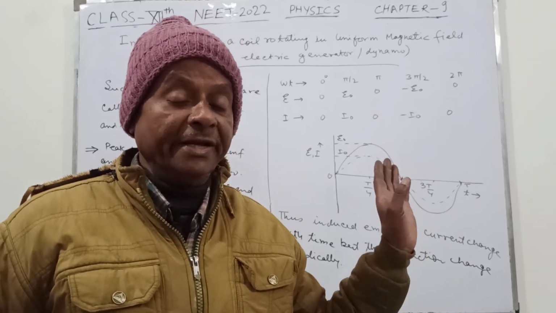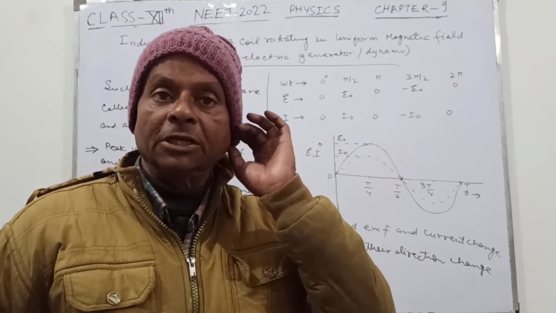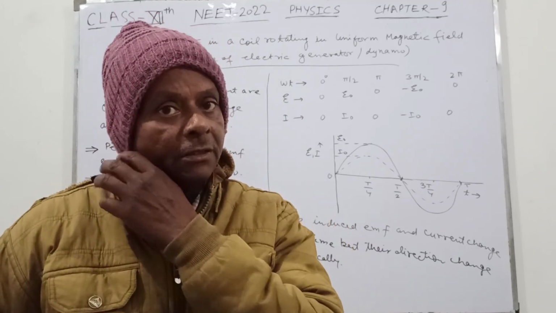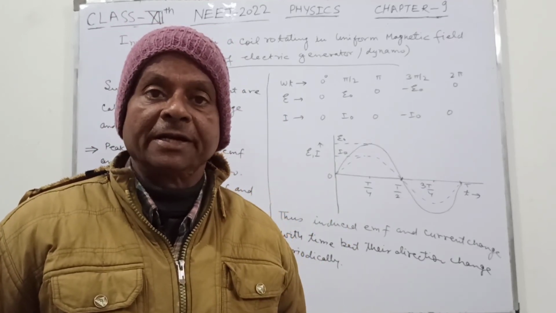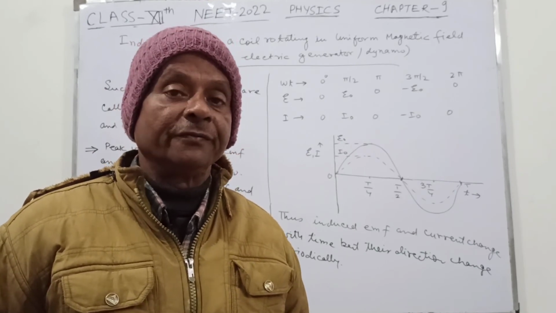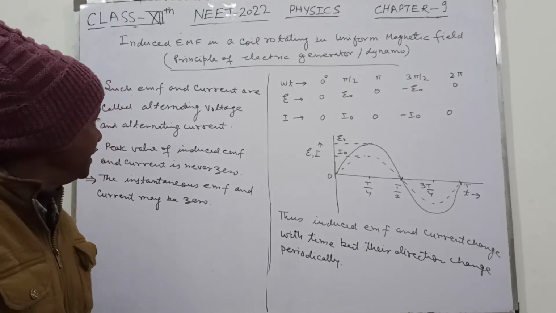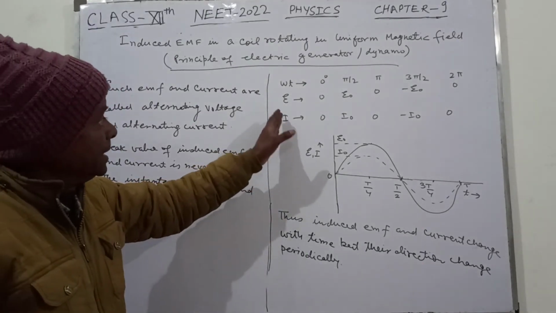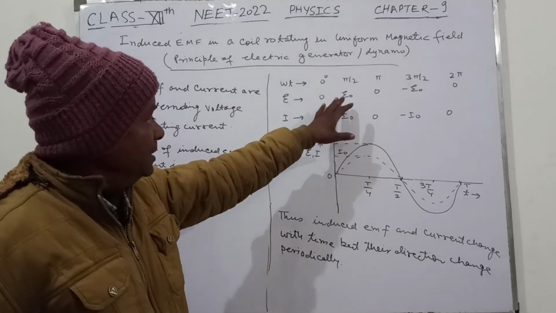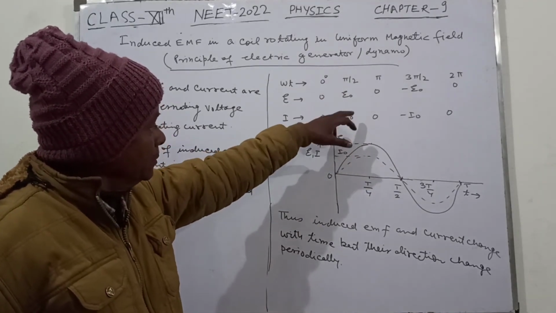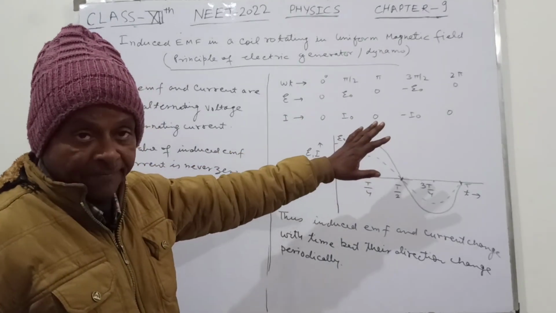So whenever we rotate the coil in the magnetic field, there is always an alternating current and alternating voltage. So this is the principle of the generator, and you can see from here that E and I are always maximum together, in such a case they are in the same phase.